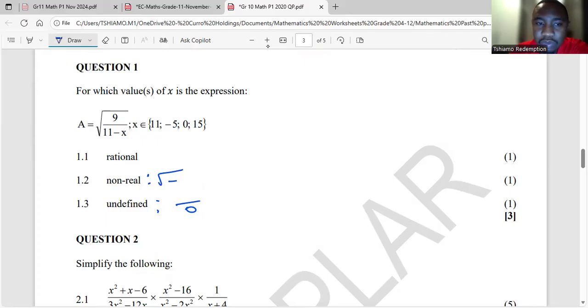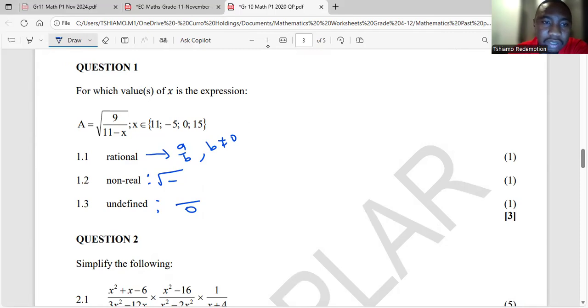Anything that will make this 0 will make it undefined. And rational, what is rational? Rational is any number that can be written as a over b, where b is not 0. So as long as I can write it as a fraction, not as a decimal. It should be able to be written as a fraction.